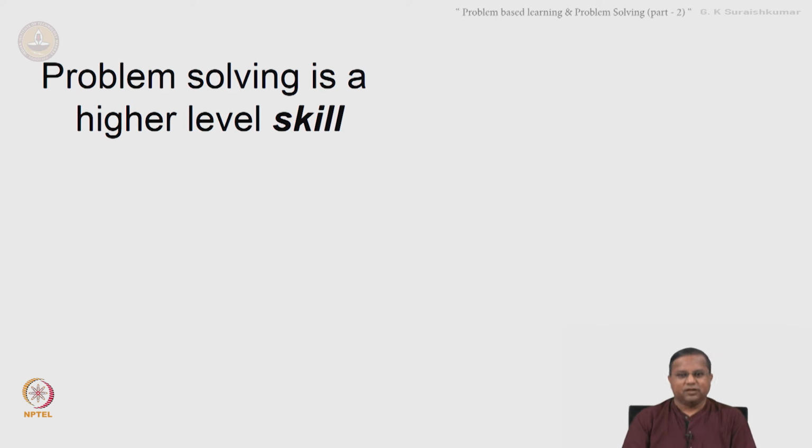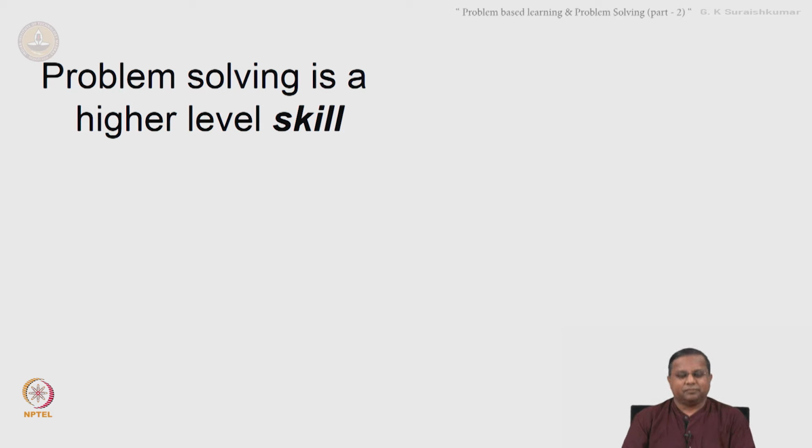Problem solving is a higher level skill. You at least need the apply level skills to be able to address problems, and that is why it is not easy for many students who are not used to solving unseen problems.